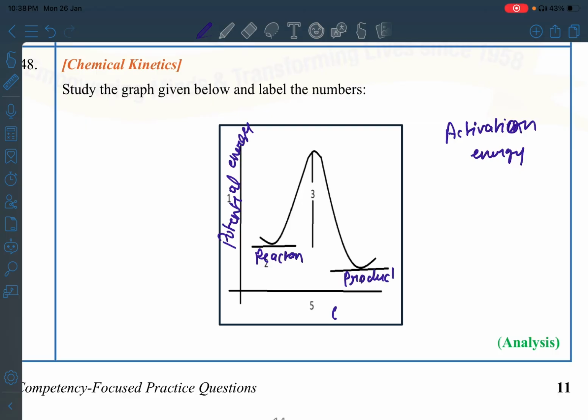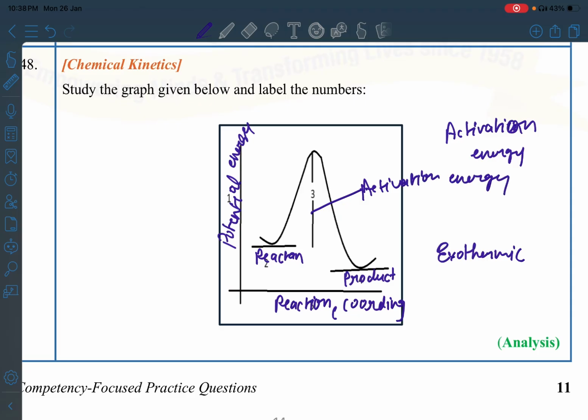Because the product has less energy than the reactant, the process is exothermic. This is the reaction coordinate, and 3 is the activation energy. This is the graph for the exothermic process.